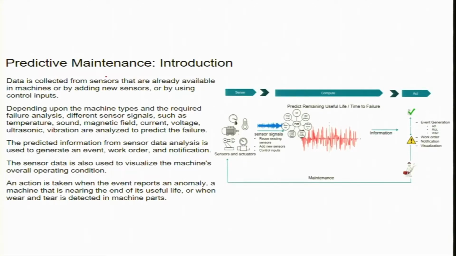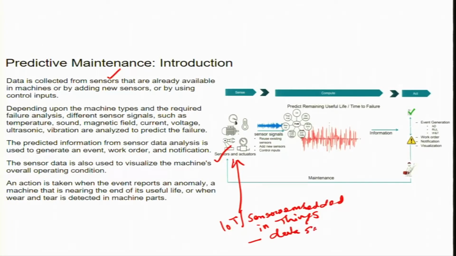So, here the sensors are embedded into the things. So, we are talking about IoT, that is the sensors embedded in the things, and thus they become the data source.